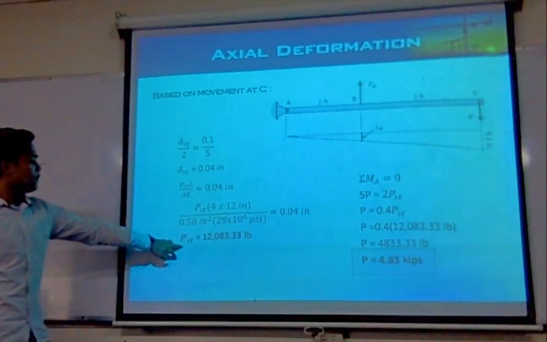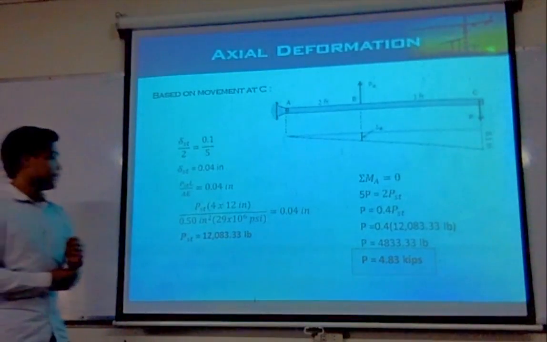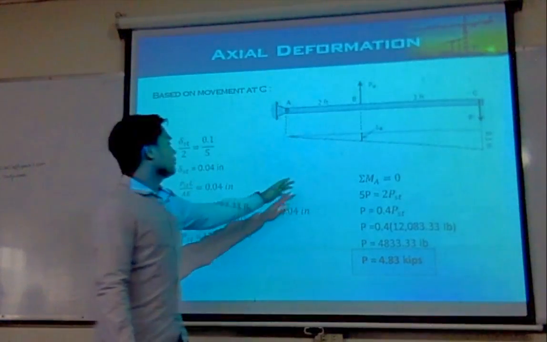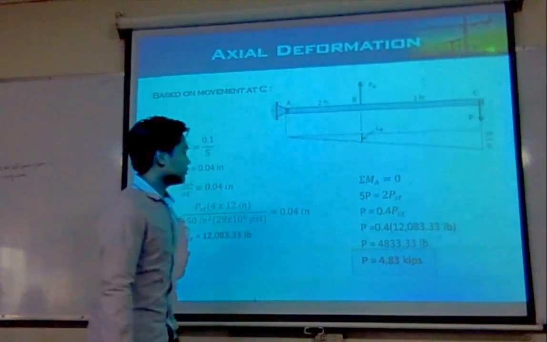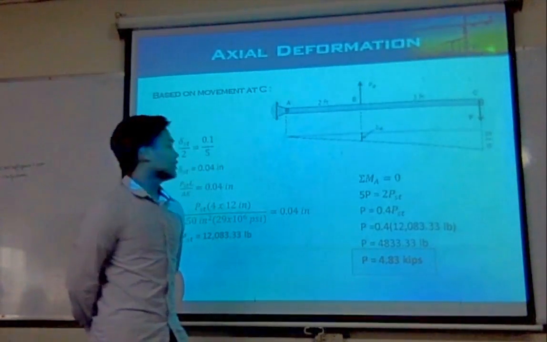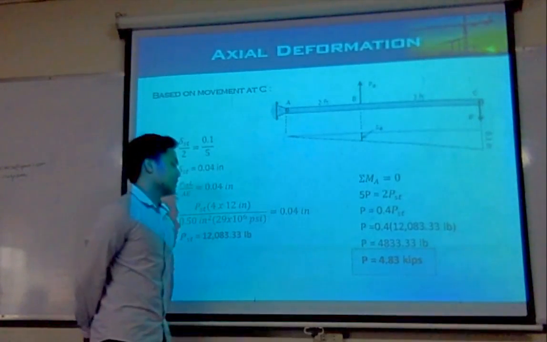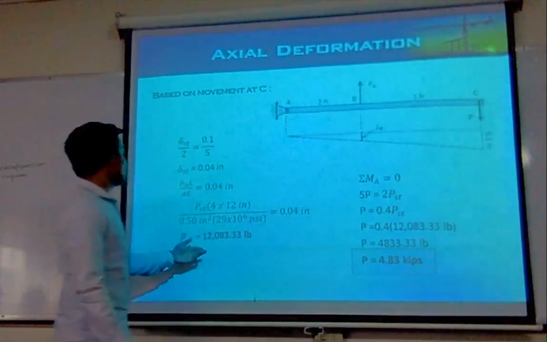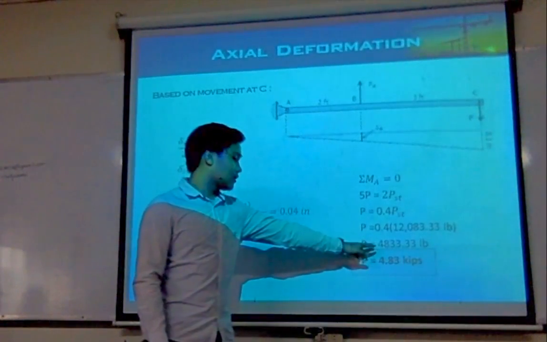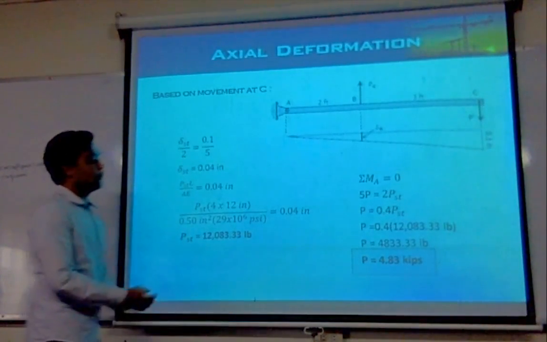By solving for the force of the steel, we get 12,083.33 pounds. For the summation of moments at point A, 5P is equal to 2 times the force of the steel, so P is equal to 0.4 times the force of the steel. By substituting, we get 4,833.33 pounds, and the final answer is 4.83 kips.